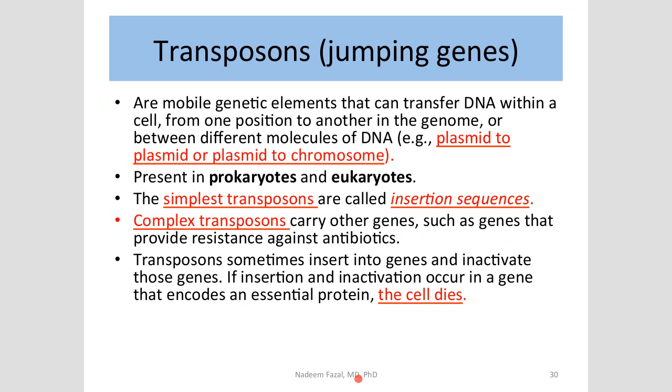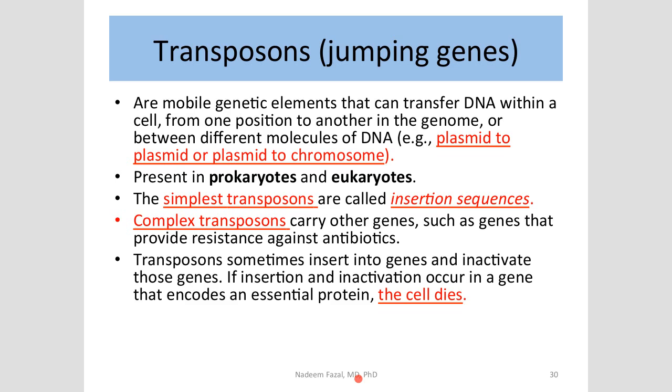Transposons can jump from here to here and then mutate. Remember, everything is coming from mutation. It's a simple transposon, a jumping gene, right? What it does is take information from here and put it over there. We call this gene running away with information from one place to another and inserting it in another place.